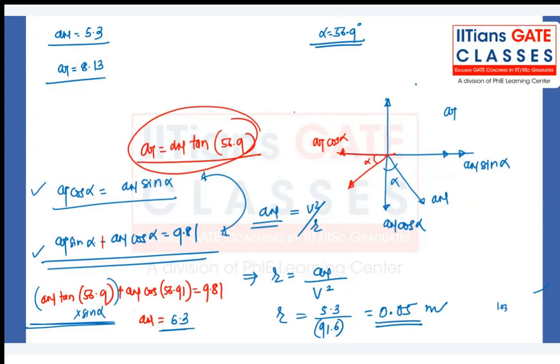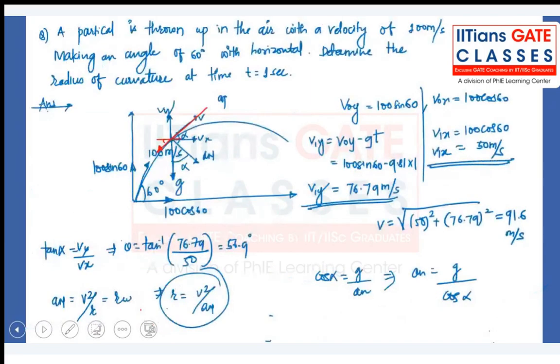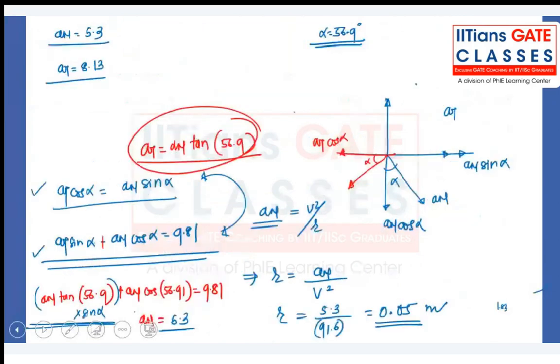Anyone have any doubt? Yes, here it should be v square upon r equal to AN. Can you go to the next slide, sir? Here, below this one, it is written r equal to. It's reciprocal, sir.